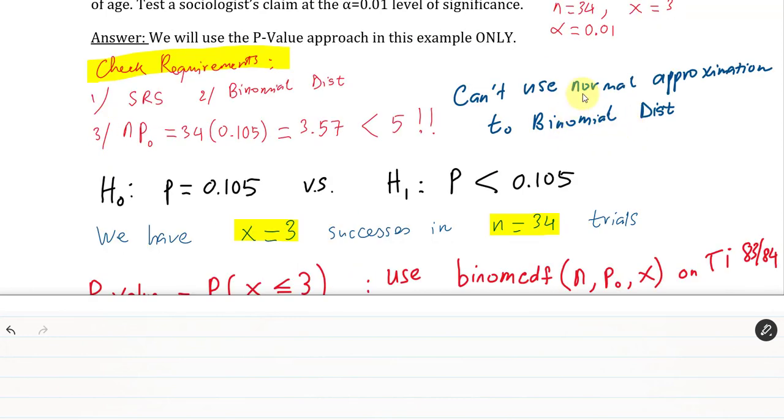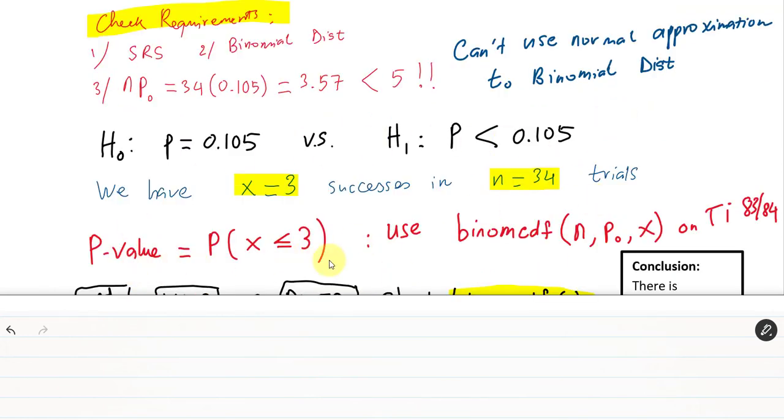And again, we cannot use the normal approximation to the binomial distribution, and therefore you have to use the regular binomial distribution. And to find the p-value or the area of anything less than or equal to 3, we can use the cumulative distribution function of the binomial on a TI-84 or 83.